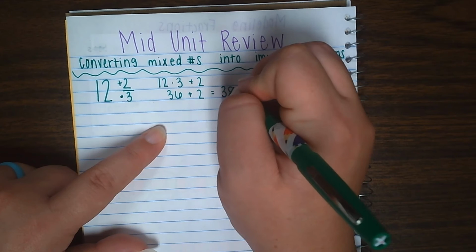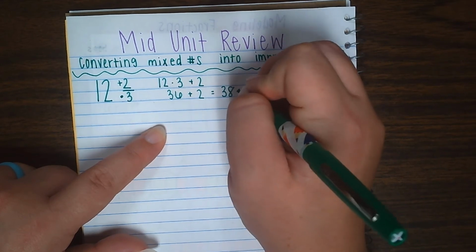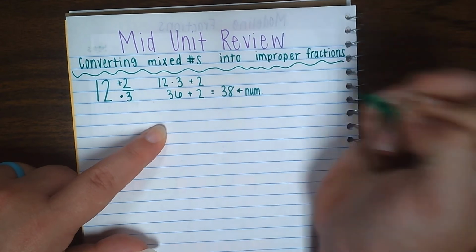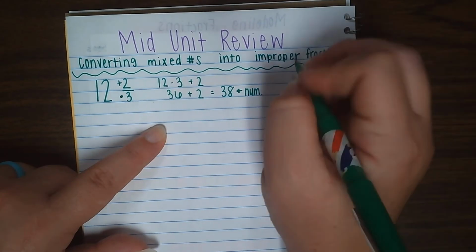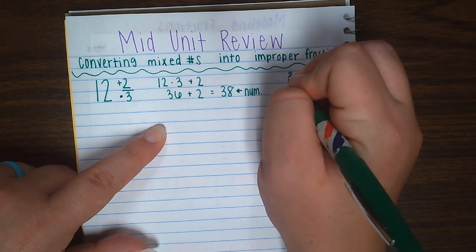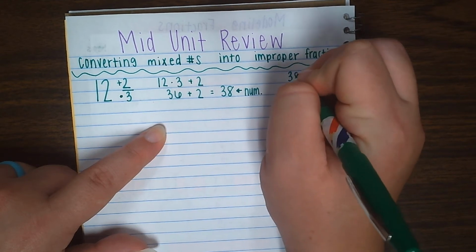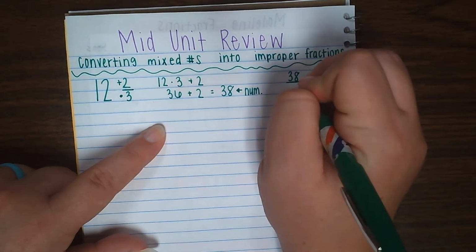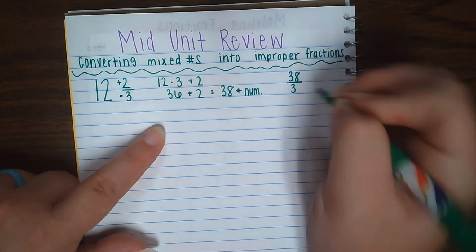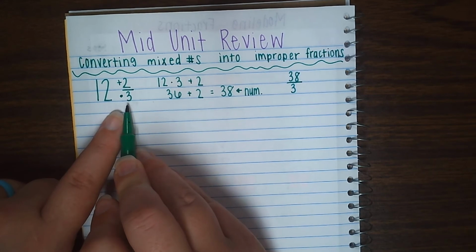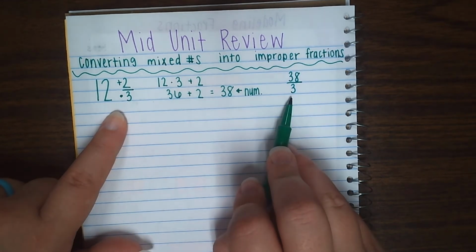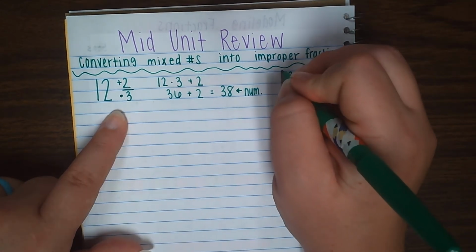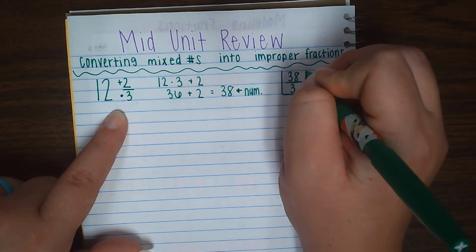So this number right here, this sum, that becomes our numerator. So our new numerator is 38. And your denominator stays the same. See how my denominator over here was 3? My denominator is still 3. So this is our answer.